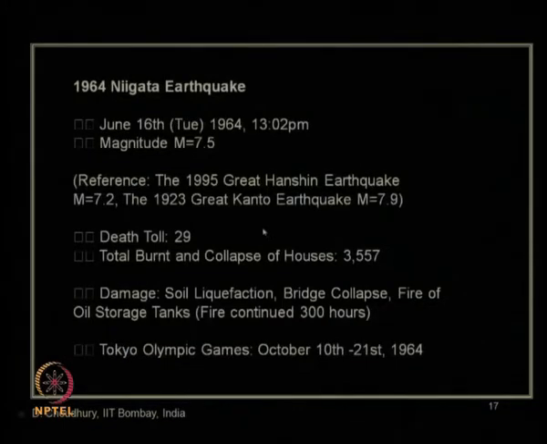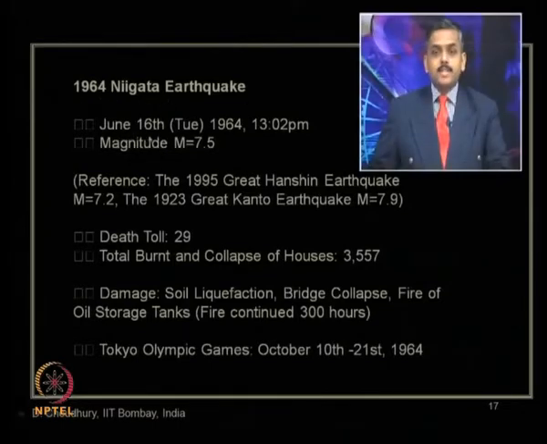Let us take another example of a case history of earthquake, which is the 1964 Niigata earthquake, which occurred on June 16th, on Tuesday, in 1964 at the local time of 1:02 p.m. The local magnitude was reported as 7.5, and the reference of this can be obtained from the 1995 Great Hanshin or Kobe earthquake and the 1923 Great Kanto earthquake.